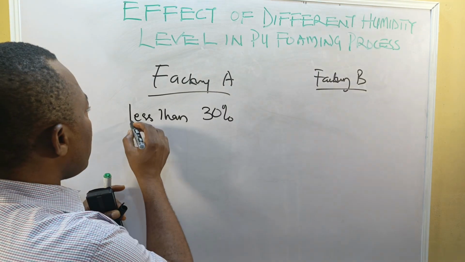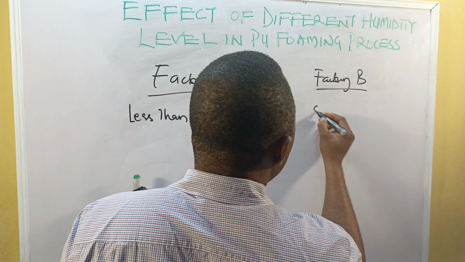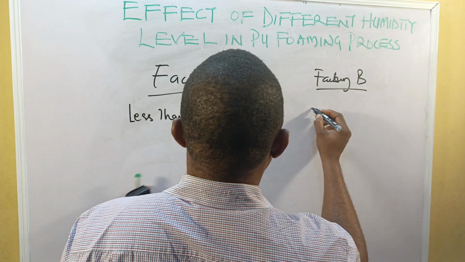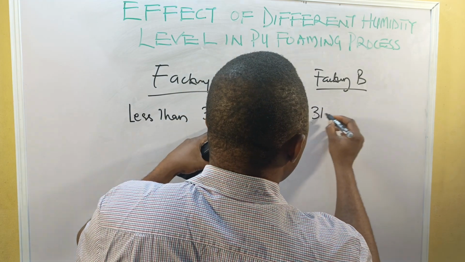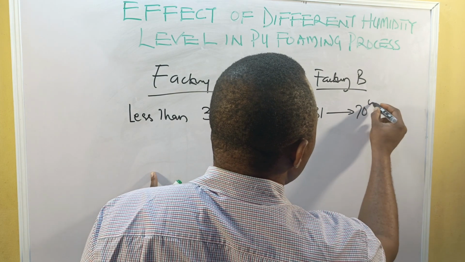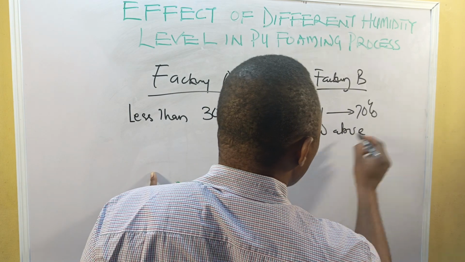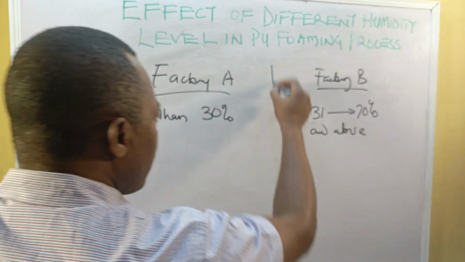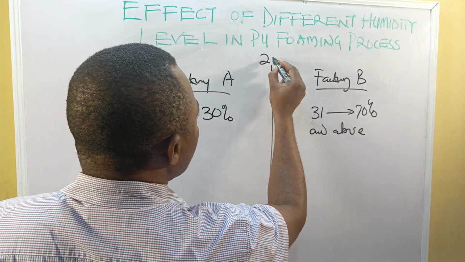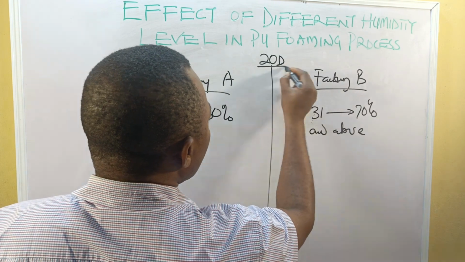Now, that of factory B is between 31 to 70% and above. Okay, let us assume they produce the same foam, the same density, let me say 20D.